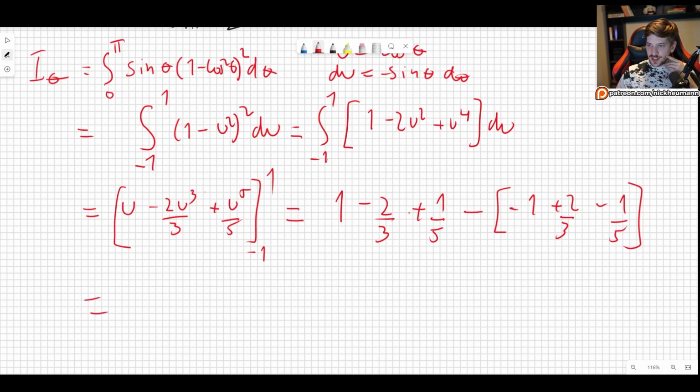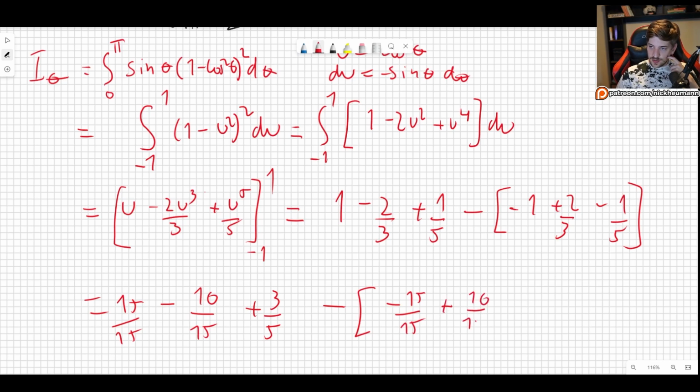So let's see this. We have to take common denominator, so that would be 15. So 15 over 15 minus 10 over 15 and 3 over 15. And then we get minus 15 over 15 plus 10 over 15 minus 3 over 15.